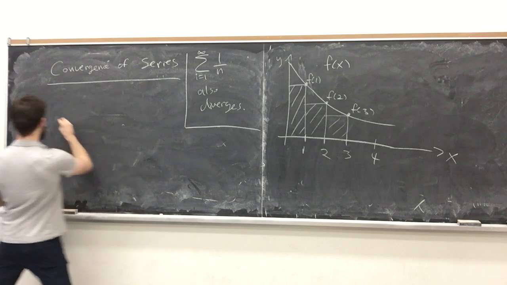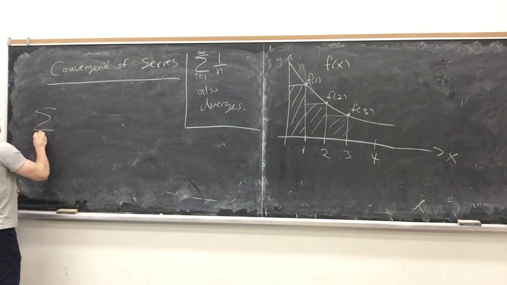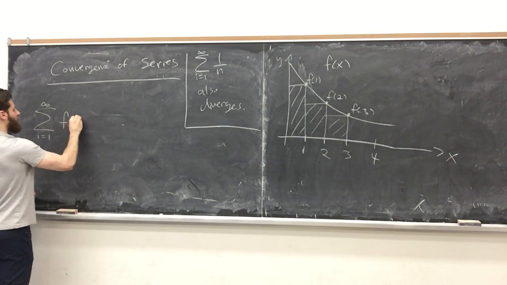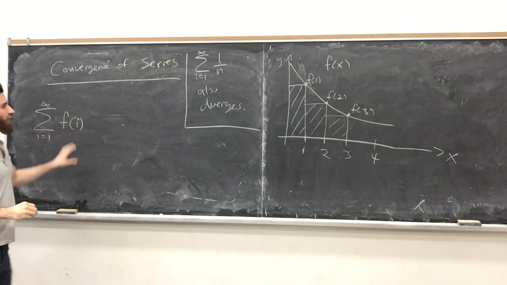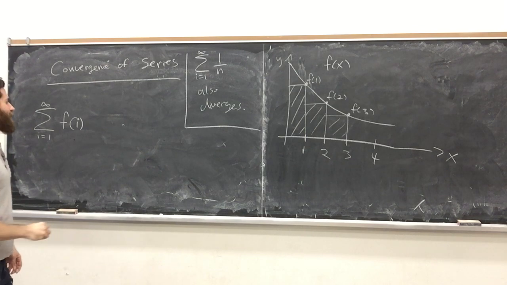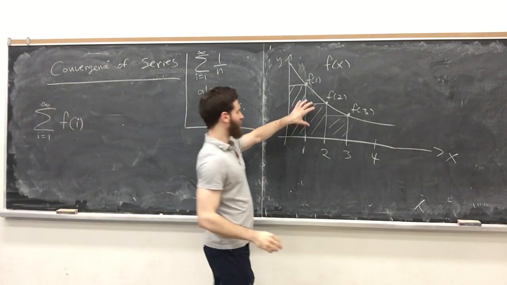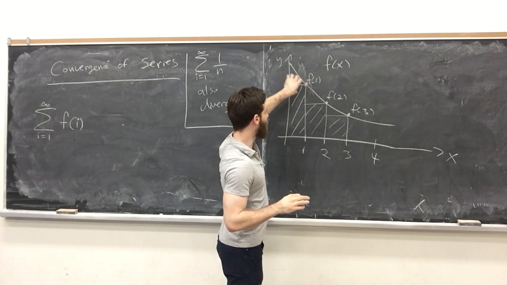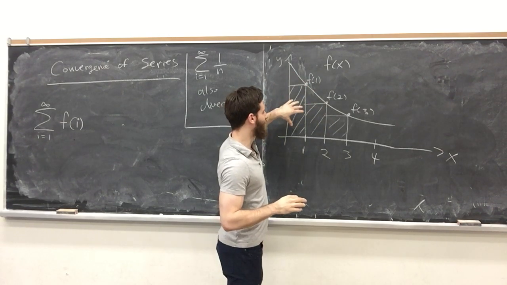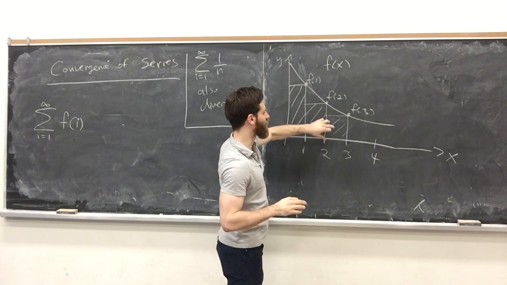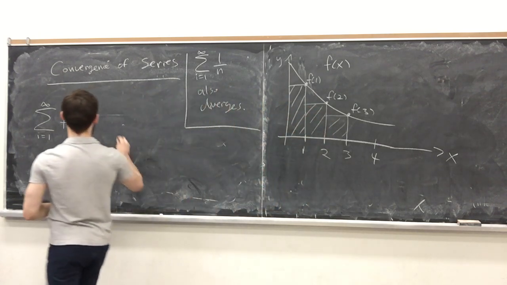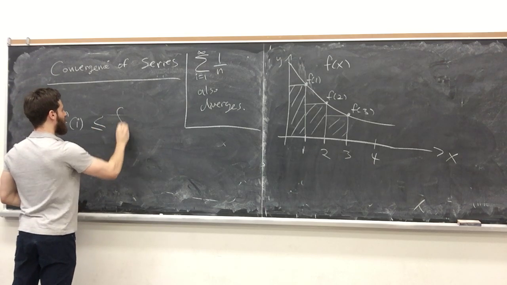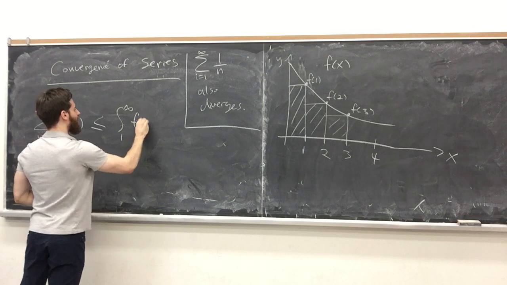So if we add up the areas of all those rectangles, we get this, right? Now hopefully you can see from the picture that the area under the curve is bigger than the area of all these rectangles. So this is less than or equal to the integral of f of x from 1 to infinity.